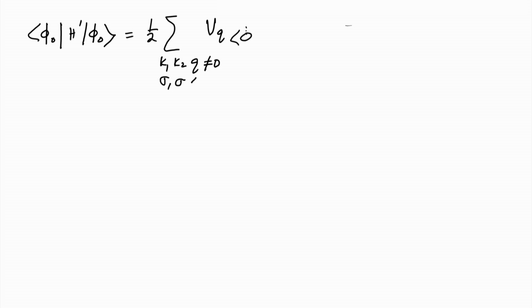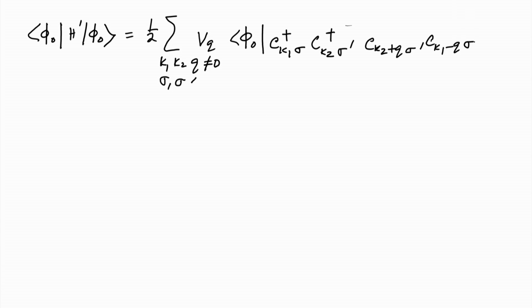So, phi 0, they are in the same. Let me write it: there is a V q, and then there is C k1 sigma dagger, C k2 sigma prime dagger, C k2 plus q sigma prime, and C k1 minus q sigma, and this has to be taken with the phi 0.